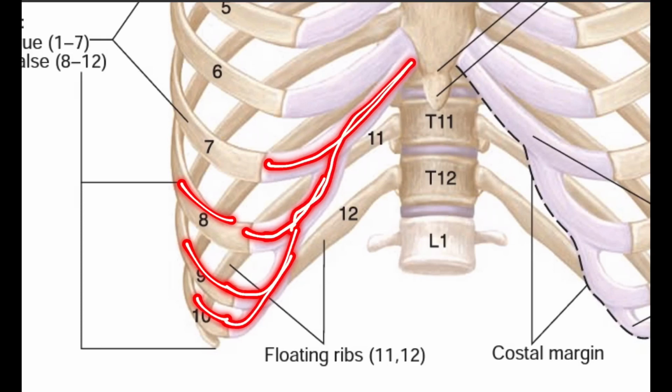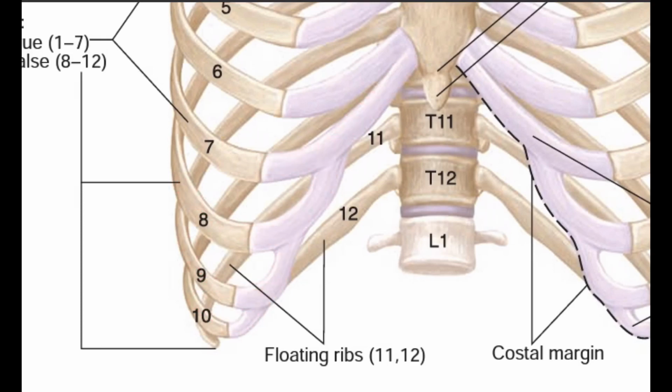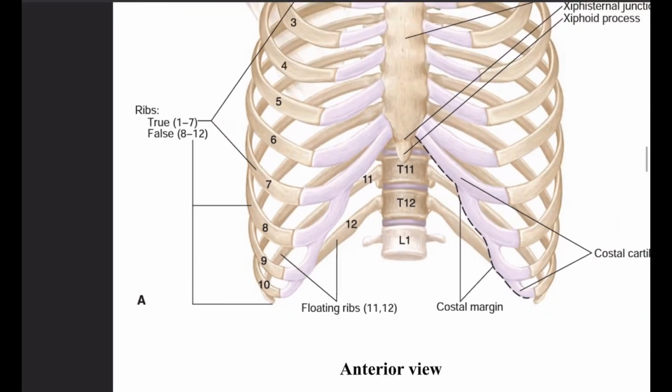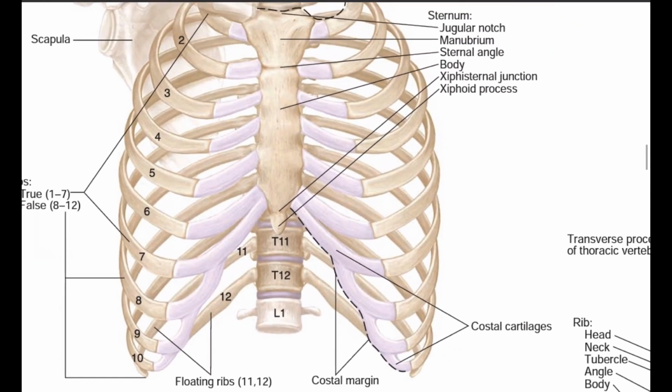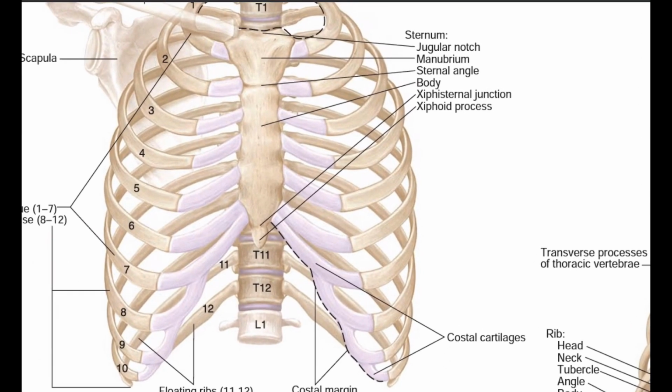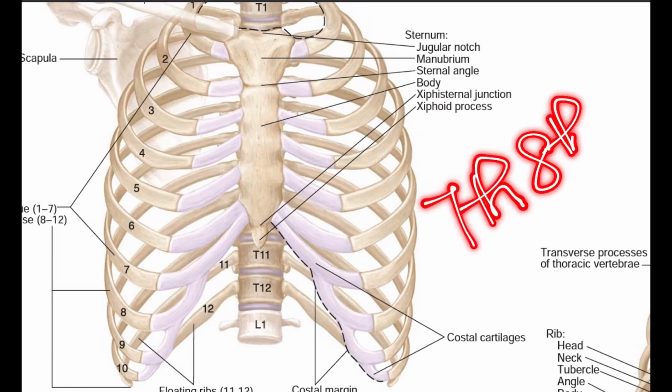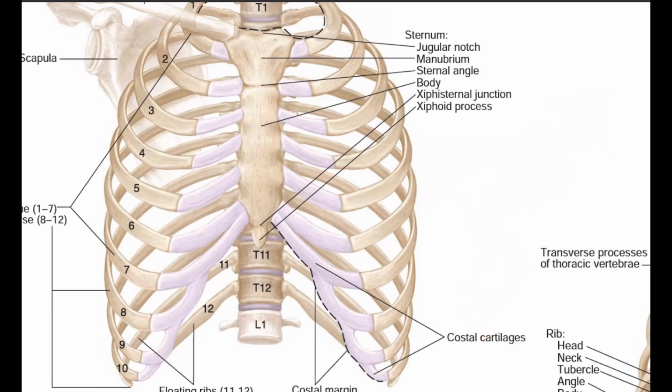The 7th cartilage. The anterior ends of the 11th and 12th ribs are free and therefore called floating ribs. Just try to remember: the 7th rib is the longest rib, the 8th rib has the greatest lateral projection, the 9th rib is most obliquely placed, and the 11th and 12th ribs are known as floating ribs.